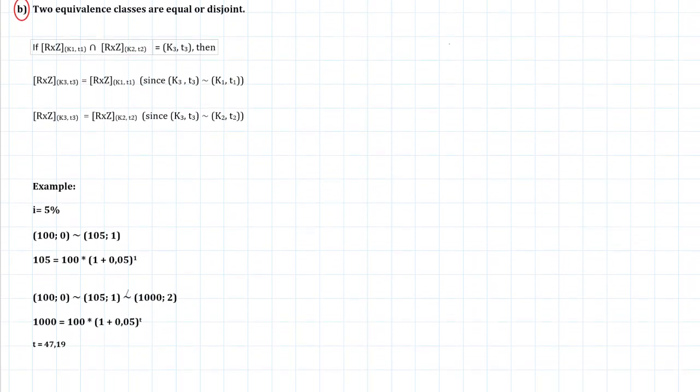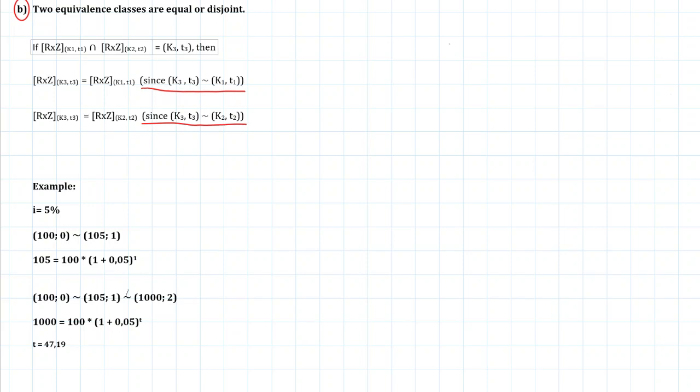B: two equivalence classes are equal or disjoint. So if the equivalence class of K1 and the equivalence class of K2 have only one element K3 in common, then it follows from A that the equivalence class of K3 is equal to the equivalence class of K1 because K3 relates to K1, as well as the equivalence class of K3 is equal to the equivalence class of K2 because K3 also relates to K2.